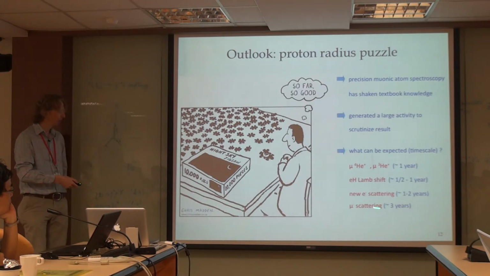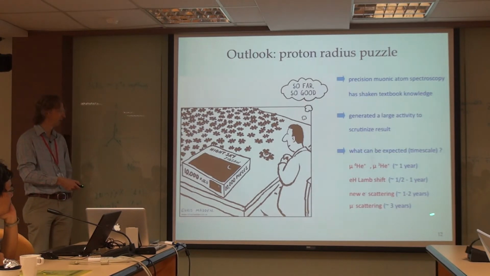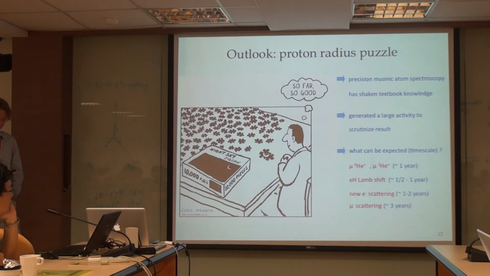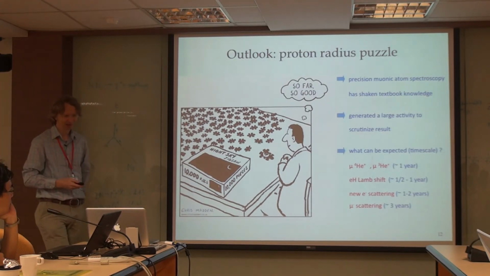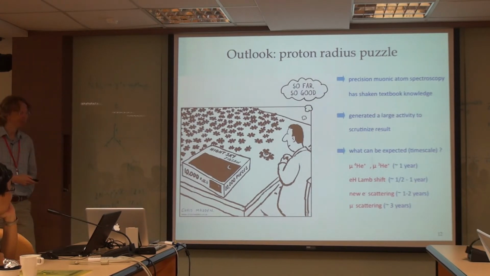And what I'd like to discuss in this lecture are new electron scattering results, which are also planned in the next 1 to 2 years, and muon scattering results, which are planned in the next 3 years or so. So hopefully this puzzle will be more interesting than the one which is shown here on the left. Because that will be a hard one to continue.